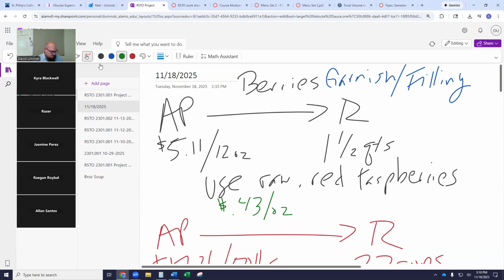So it's 43 cents per ounce. And then 0.43 times 6.51 equals 2.79, 2.80. So we're going to try that.